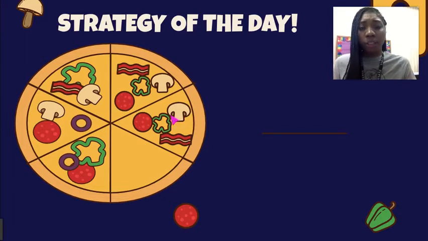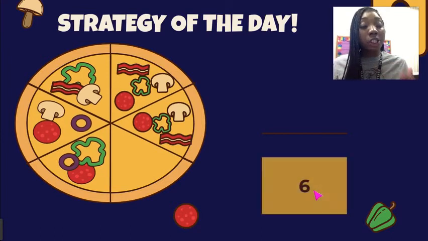Are you counting with me? 1, 2, 3, 4, 5, 6 parts make up the whole pizza. So my denominator is going to be 6, because there are 6 parts that make up the whole pizza.